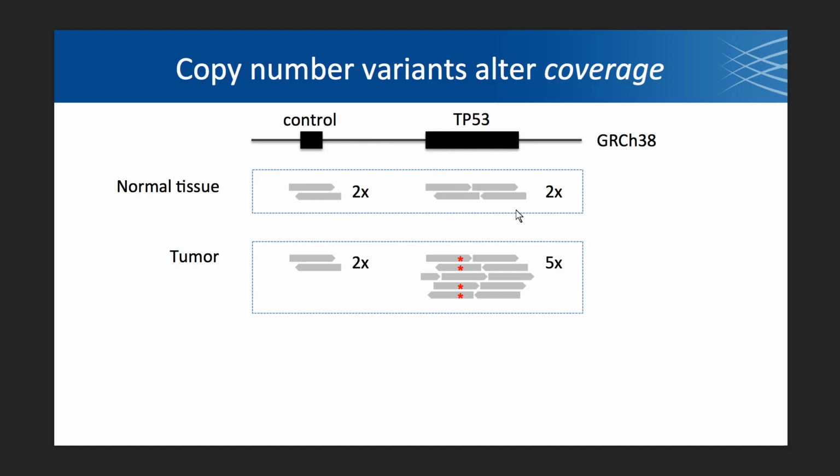And so you would say, for this diploid context, that they have the same copy number or copy ratio. But in a tumor, we would expect, if there is a copy number alteration, for that to be reflected in the coverage depth for that locus compared to other loci, plus some mutations probably, because this is a tumor suppressor. And here we have 5x.